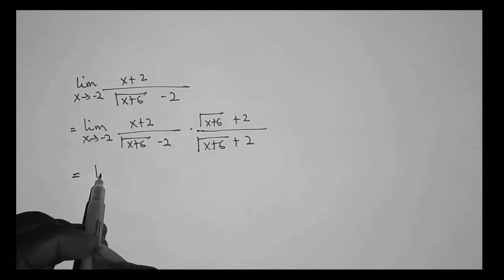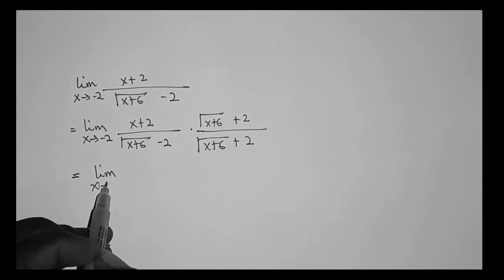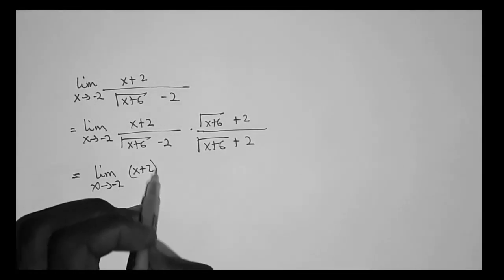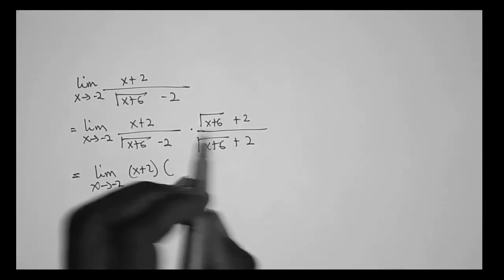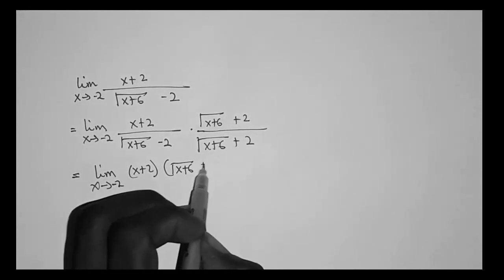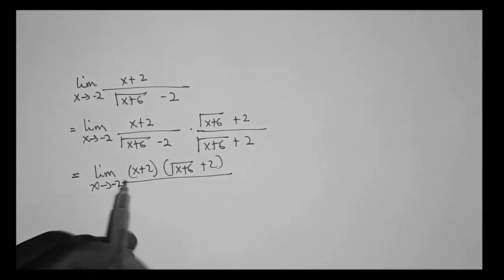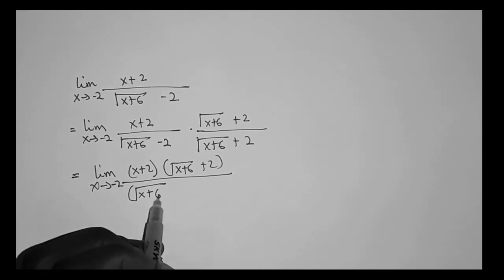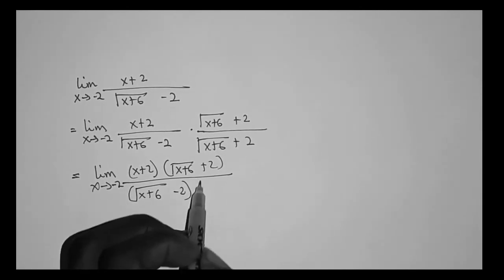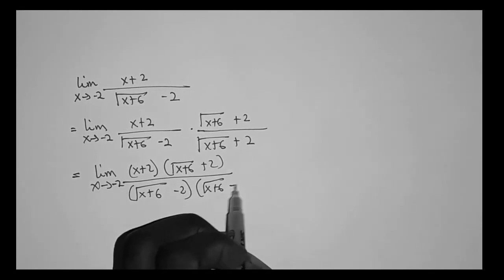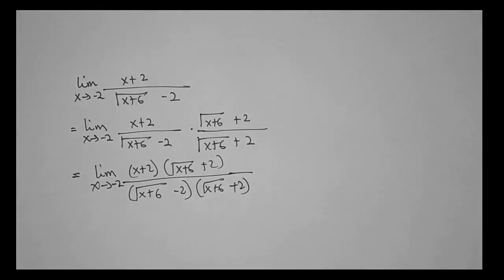So this is equal to the limit of (x plus 2) times (square root of x plus 6 plus 2), divided by (square root of x plus 6 minus 2) in one bracket times (square root of x plus 6 plus 2) in another bracket.